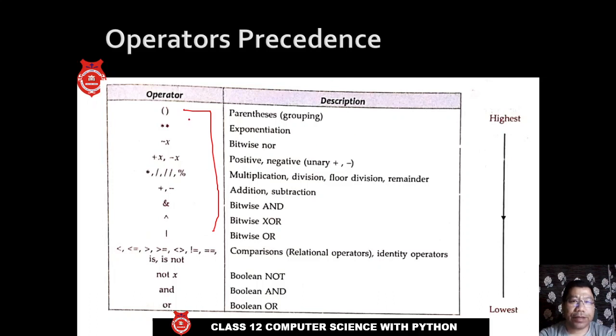The brackets have the highest priority, and and, or, not, etc. have the lower priority. The lowest one, which is not mentioned here, is usually the assignment operator. The single equal to operator always has the lowest precedence.